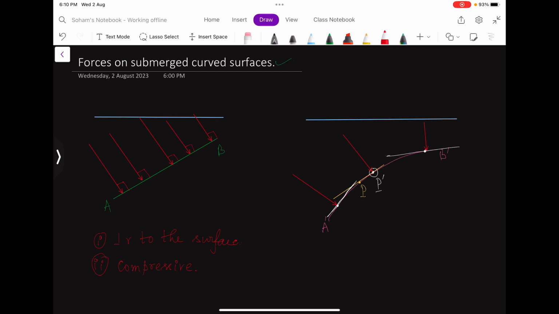So first of all, you can see that for this case, let us say this is case one and case two.